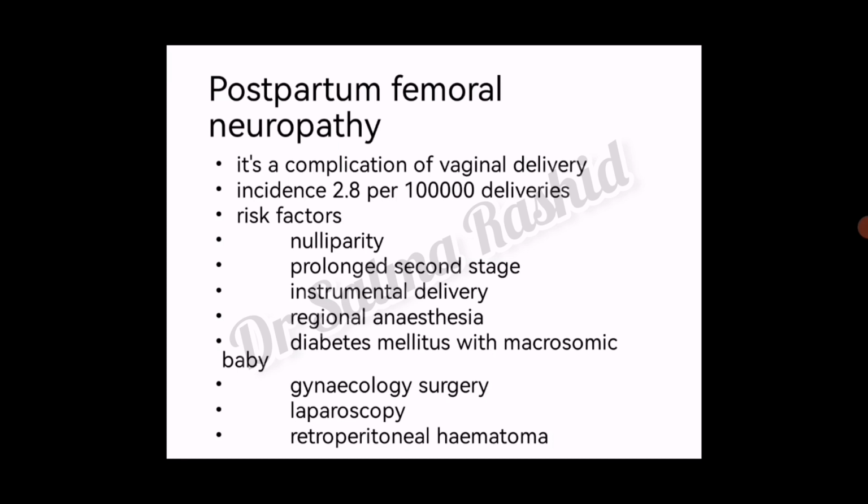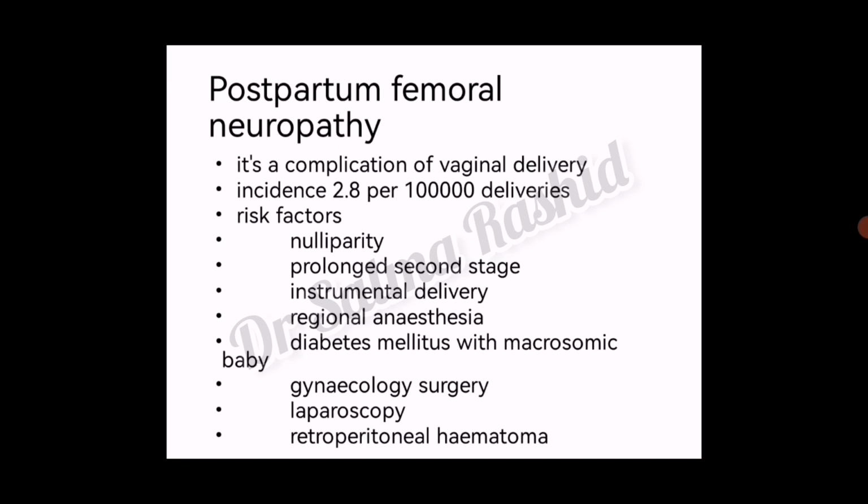So keep postpartum femoral neuropathy in mind as a potential differential diagnosis in women with difficulty mobilizing after regional anesthesia. And be aware of the other symptoms such as sensory loss on anterior thigh, usually unilateral, and absence of patellar reflex.